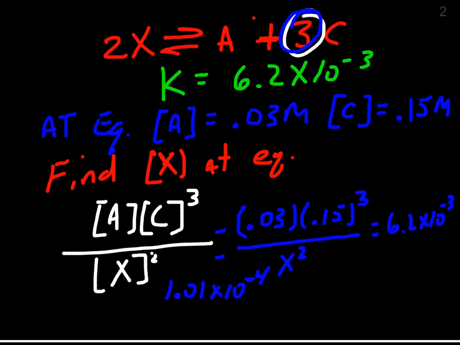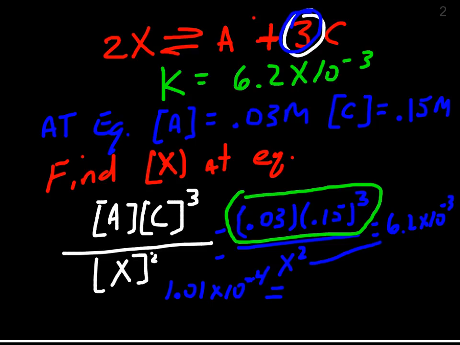Okay, so what I did is I just multiplied, that's this amount right there. That then is going to equal, so I'm moving the x over to that side, 6.2 times 10 to the minus 3 x squared.